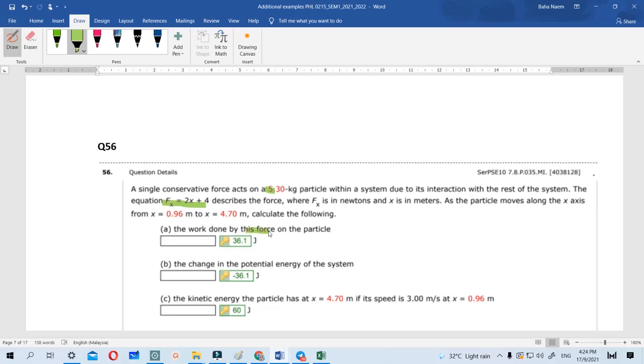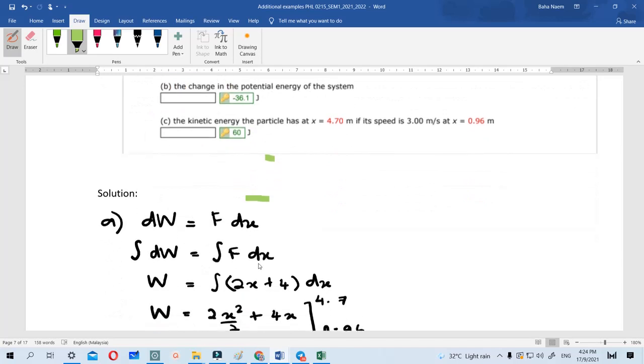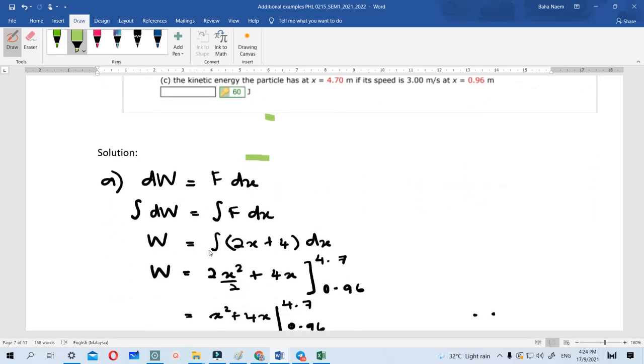Who does the work? This force. So we have to look at the work by this force. Work by this force, using the concept of integration, we are going to integrate with respect to x. If you remember, the technique is with the index: add 1 to the index, and the new index will be the divisor.